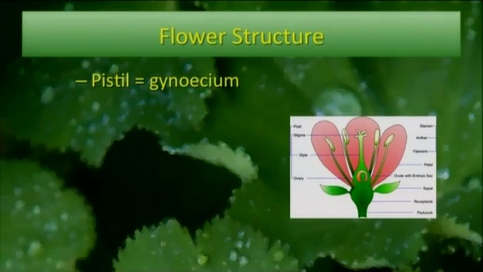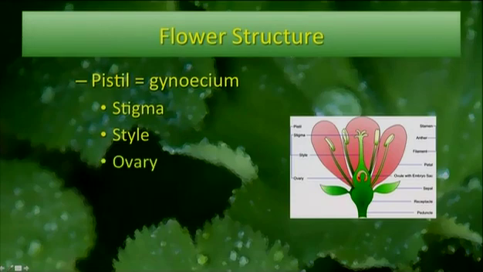The pistil is made of the stigma, which is here, this receptor surface, the style, this tube here, so the sticky stigma, the style, and then the ovary that has one or more ovules in it. Those are the parts of the pistil. Remember, the pistil is the female part of the flower. Don't get it confused with the male part of the flower.